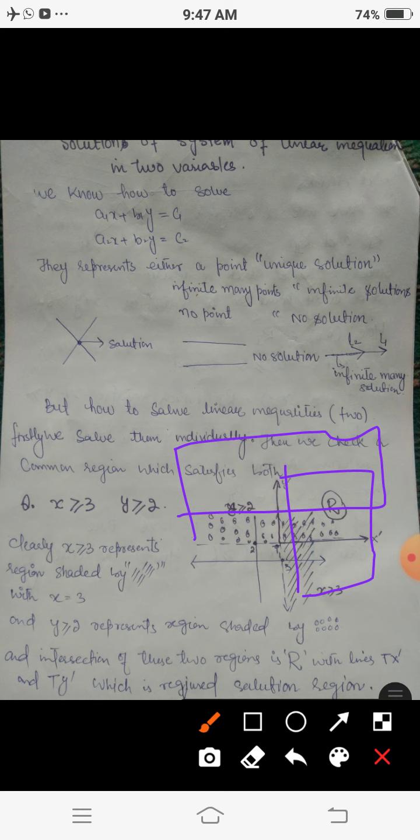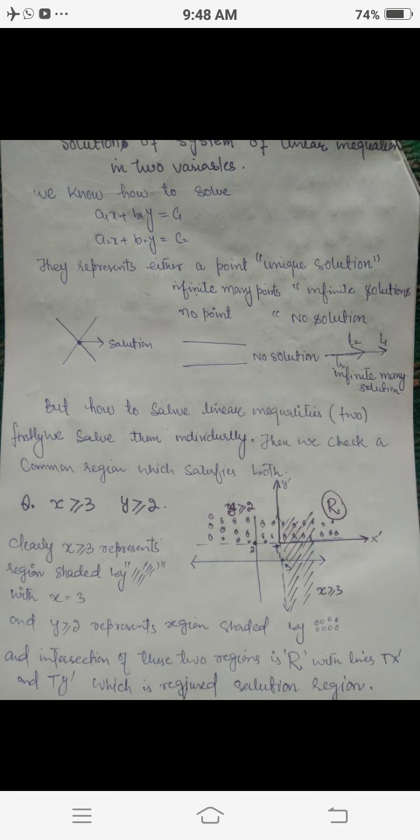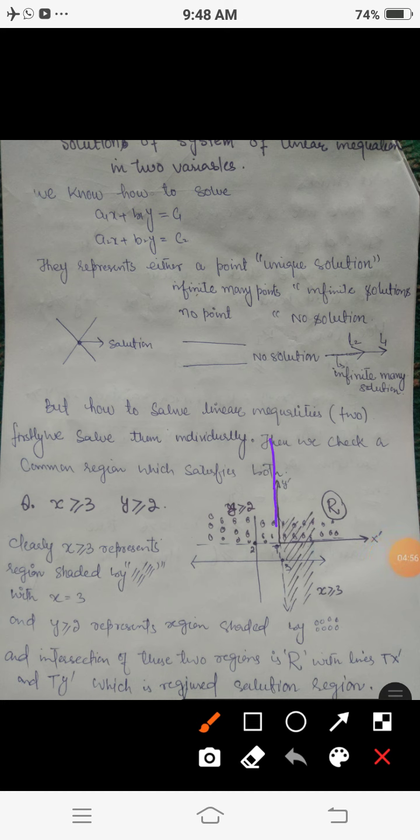Like in a system of linear equations we find the common point, the intersection of the two lines, similarly in this situation we consider the intersection of the solution regions of the individual linear inequalities, and that is this portion. So this is the region represented by x greater or equal to 3 and y greater or equal to 2. In this case the solution region is this region, denoted by R.